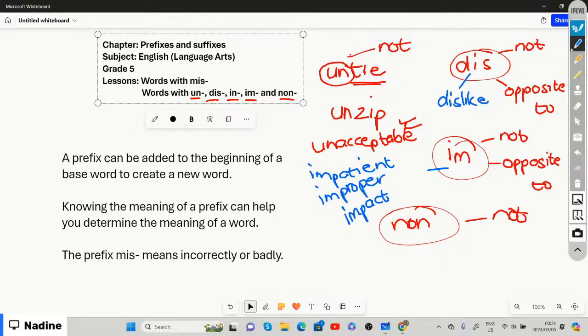And if we look at the prefix non, we can say nonsense, meaning that it makes no sense. You can also say non-verbal, meaning that the person is not talking at all. And we have non-specific, meaning that it is not specific at all.